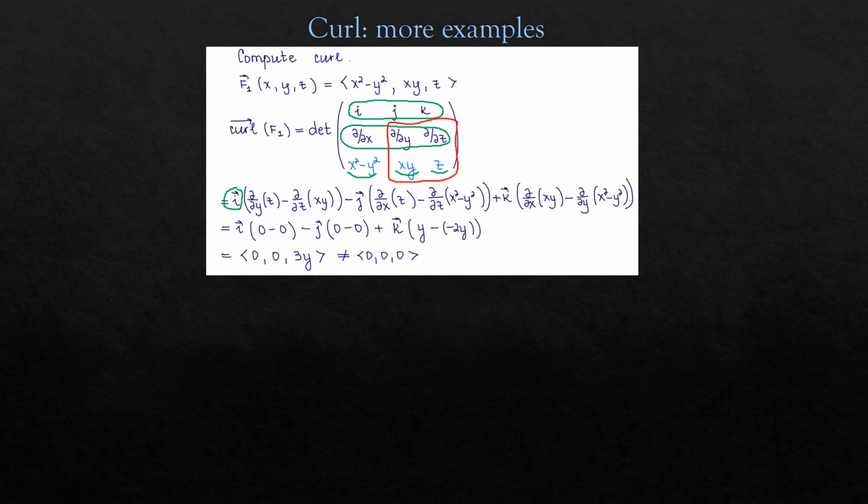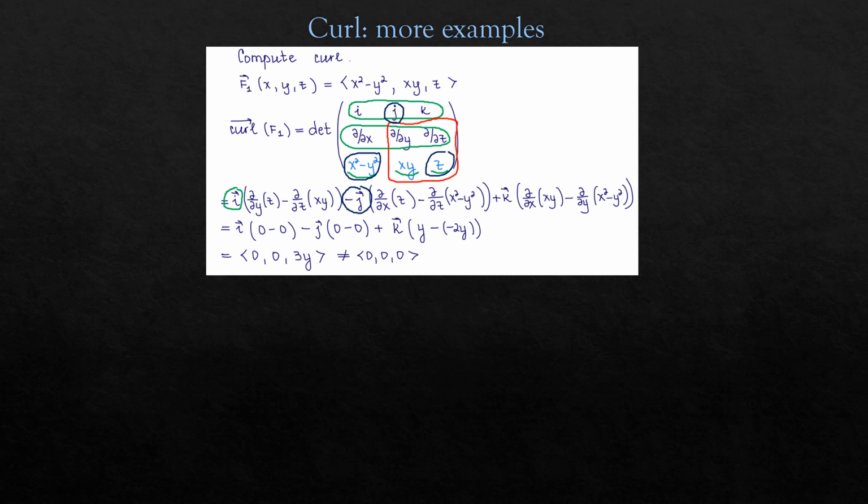Then the next step is to take a look at the j component. I don't forget my negative sign over here, so that would be d/dx of z, which is 0, minus d/dz of x squared minus y squared, that is also 0. So the second component of the curl is also 0.